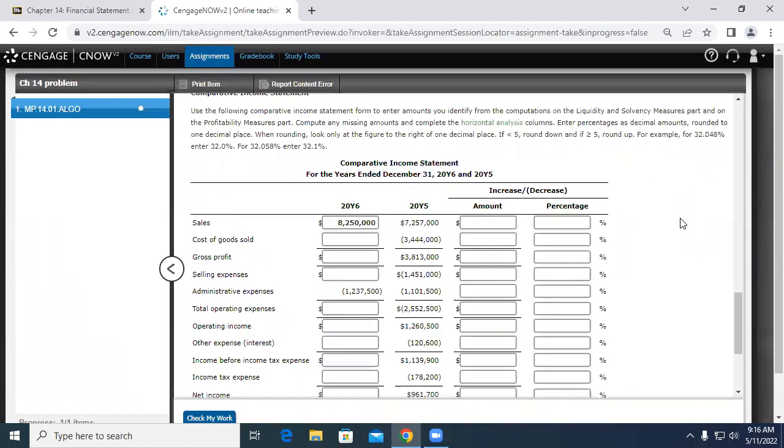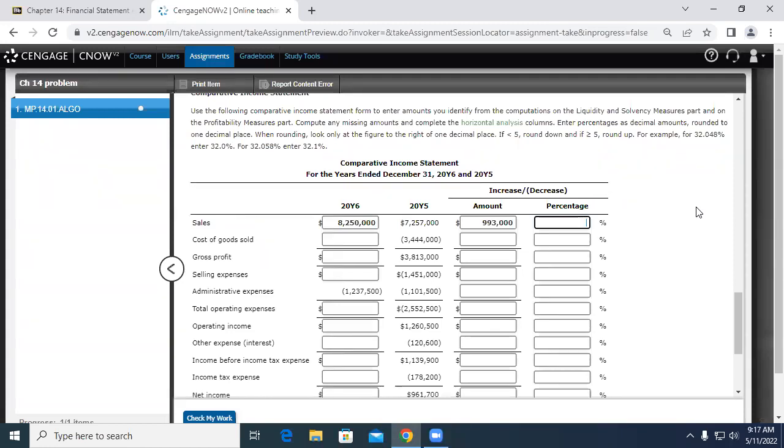And just to give you a preview, or maybe to break this up so it's not quite so tedious, we can go ahead and complete the rest of this line as long as we're here. Our sales of $8,250,000 from this year minus the sales from last year. The first column here in the amount is the difference expressed in dollars, the absolute difference.